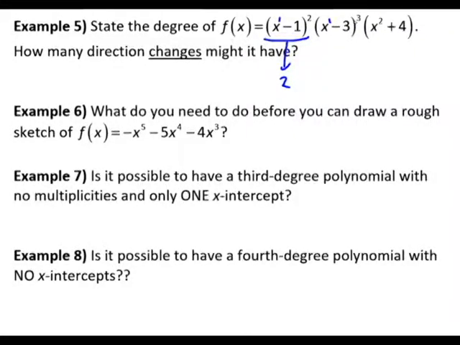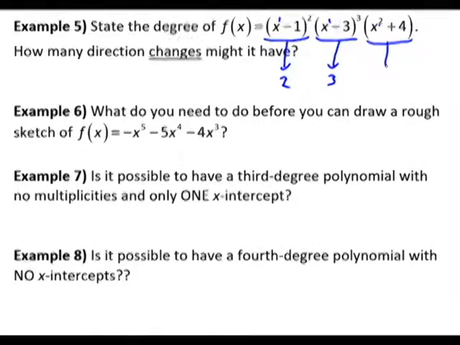Similarly, next to the 1 with a multiplicity of 3 means this is going to contribute 3 to the degree. The highest exponent here is 2, but there's no multiplicity, so this only contributes that 2. We add these to get the degree.